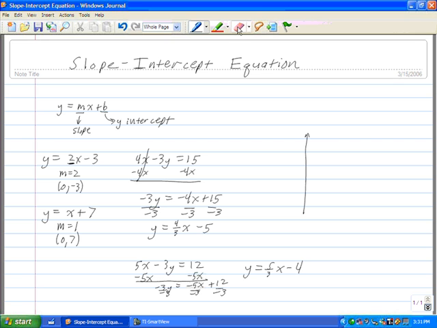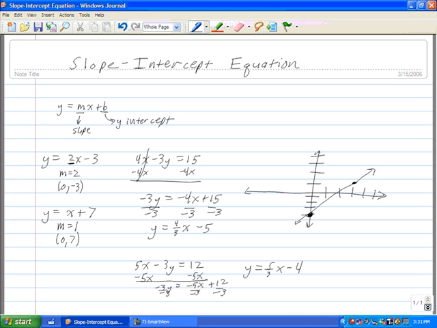It's easy enough to see the calculator do it, but by hand I would graph this by starting out at -4, because that is the y-intercept, and from the -4 I would come up 1, 2, 3, 4, 5 over 1, 2, and 3. That would be the next point, and that's how I would draw it.